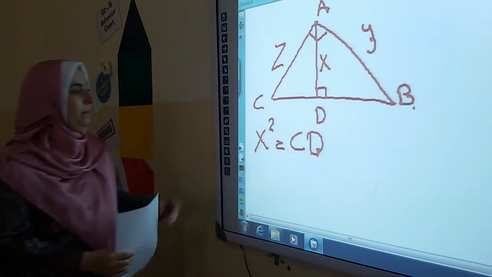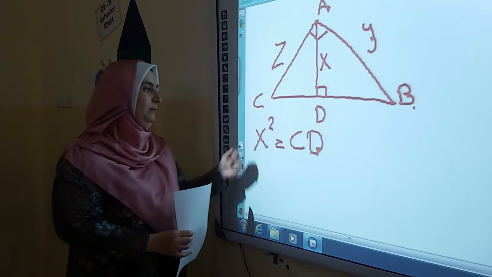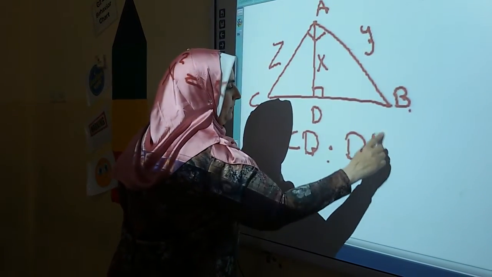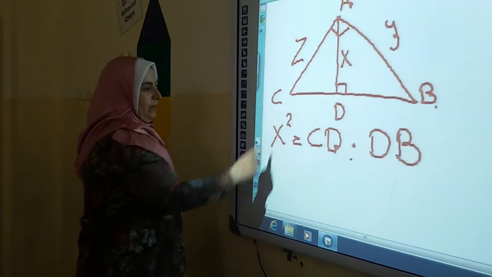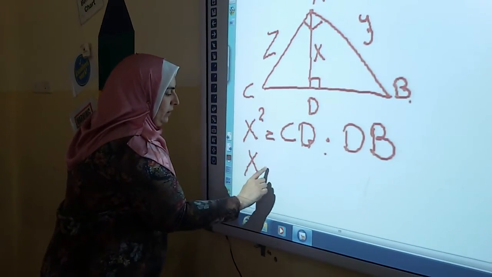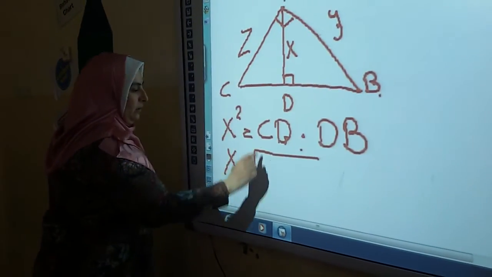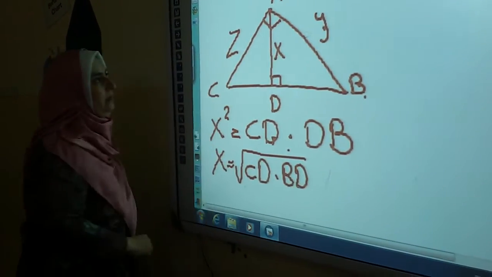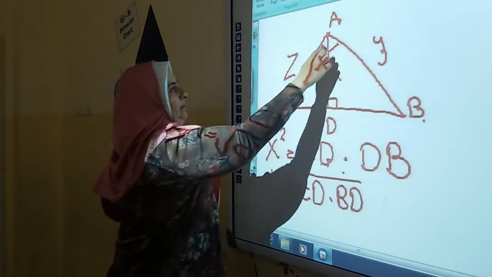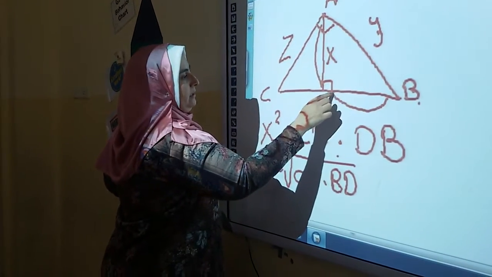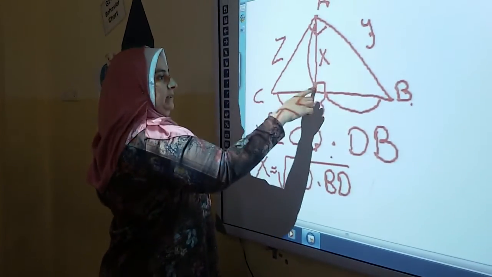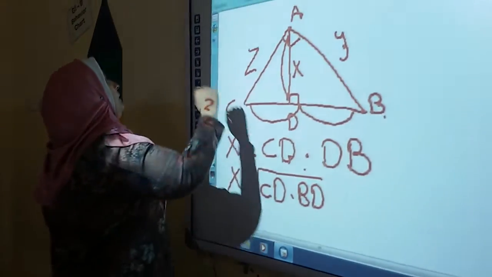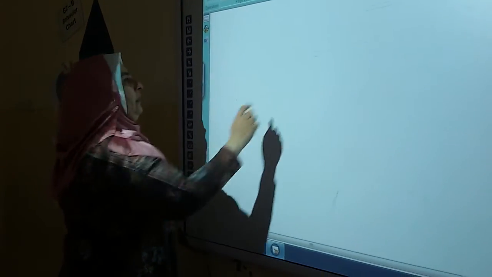You're going to use it from the Pythagoras theory that we took before. And if you want the X, you're going to get the square root of CD times BD. Again, if I want the middle, I'm going to take the square root of this side times that side.